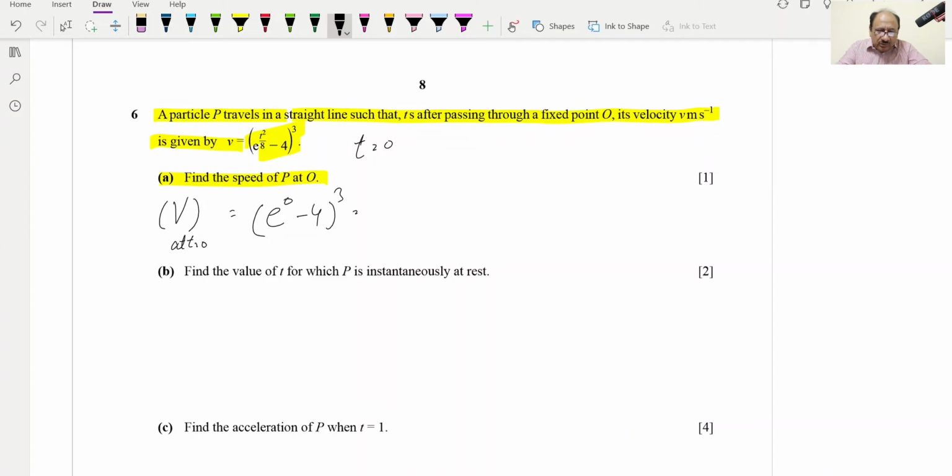And e raised to 0, or anything raised to power 0, is 1, so we can write (1 minus 4) raised to power 3, which is equal to (minus 3) raised to power 3, which we can write as minus 27. And minus is basically the direction. We require speed. They are asking for speed, which is without direction, so we will write speed is equal to 27 meter per second. So this will be the answer for 1 mark.